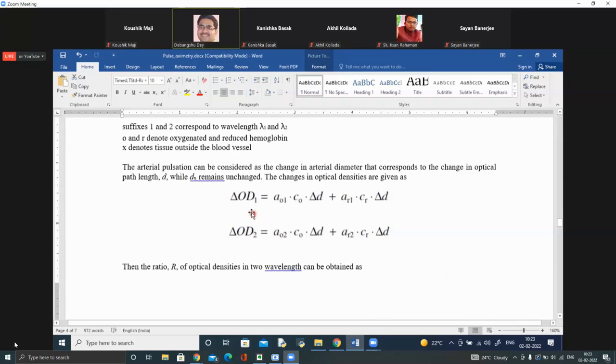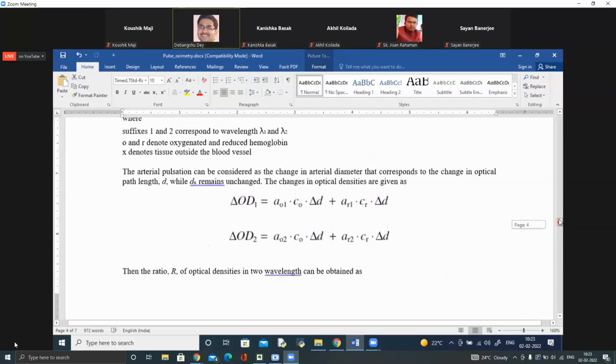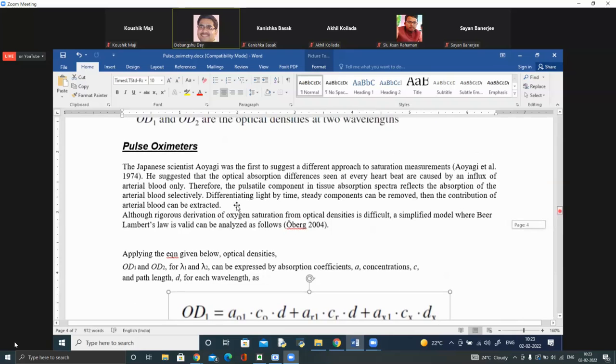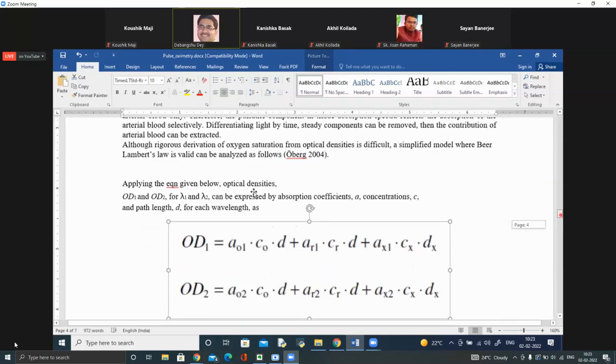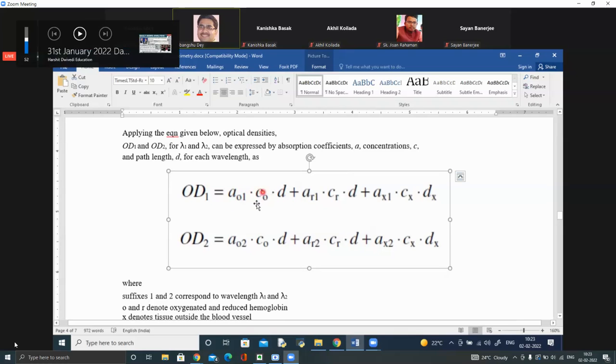Now, if we take the differential of that, you can understand only the last term vanishes. Why does the last term vanish? Because the absorption coefficient and concentration won't change much. For some reason this average CO is constant.